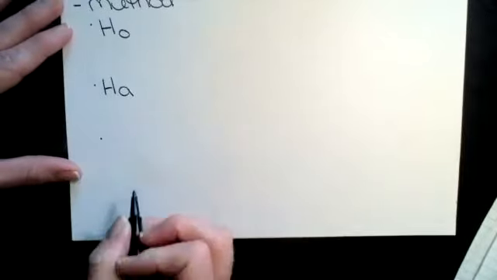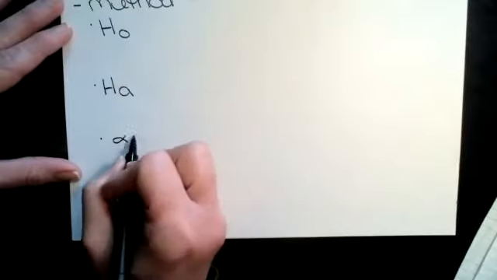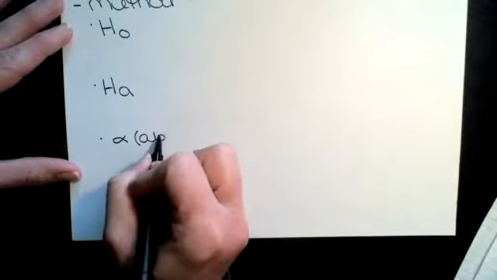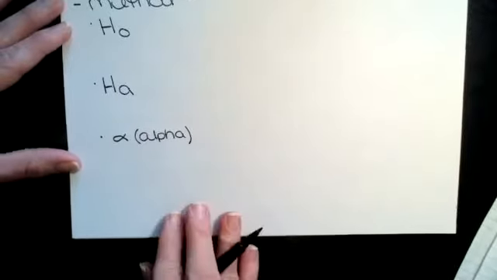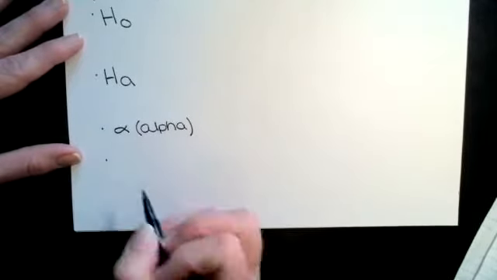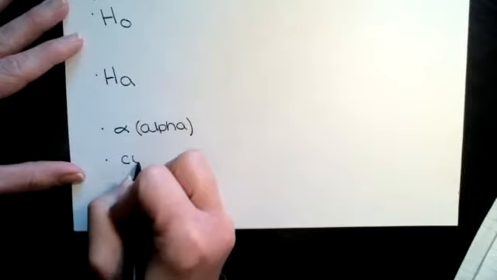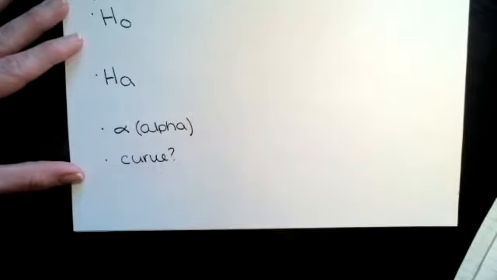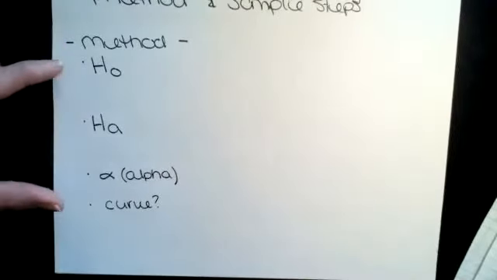Then the third piece is alpha. We'll talk about that a little bit. And my fourth part is we need to say what curve we are on. So let's go through these 4 parts under this method step.